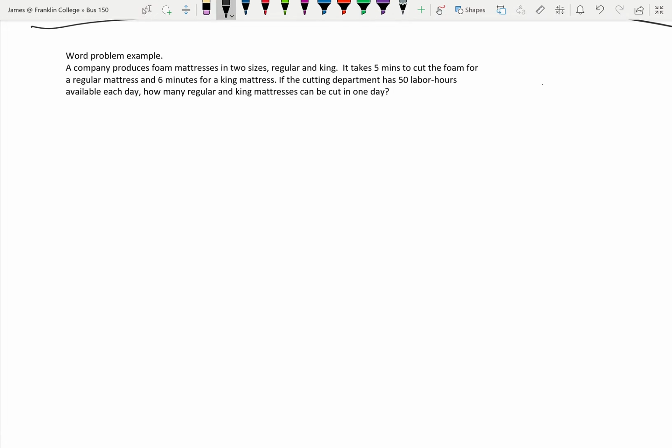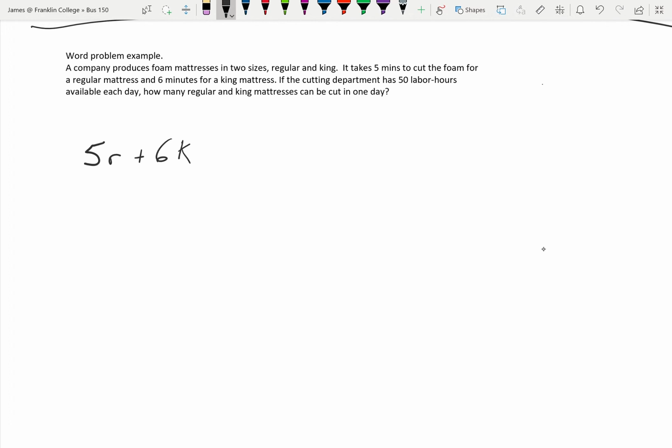Note that 5 times R would be the total number of minutes that we devote towards cutting regular mattresses, because it takes 5 minutes per regular mattress, plus 6 minutes for each king mattress. So 6 times the number of king mattresses is going to indicate the total number of minutes that we have for cutting king size mattresses.